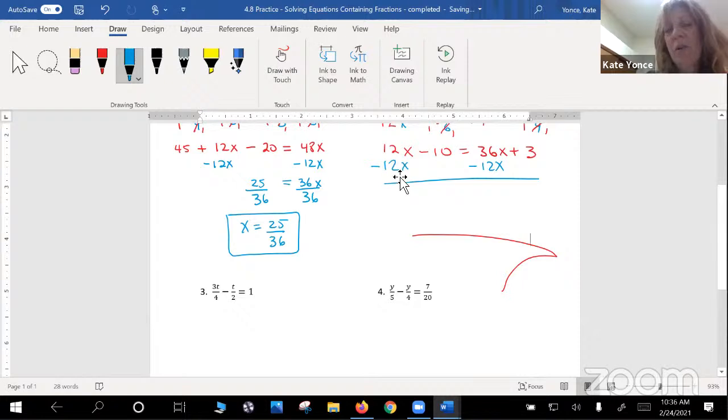Because 12x minus 12x is 0, it's not x. Negative 10 equals negative 24x plus 3. So Patch has got negative 24x because he took this 36 over to this side, but you're taking your 12 over to this side. Well, so it's positive 36 minus 12x. I got negative 24. But which is larger, 36 or 12?